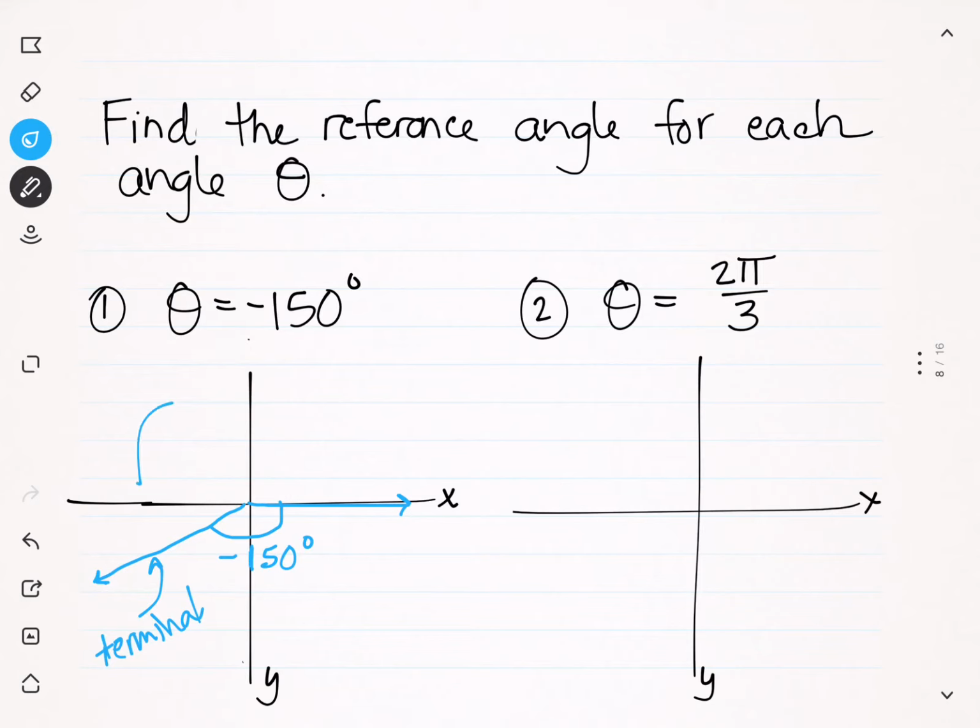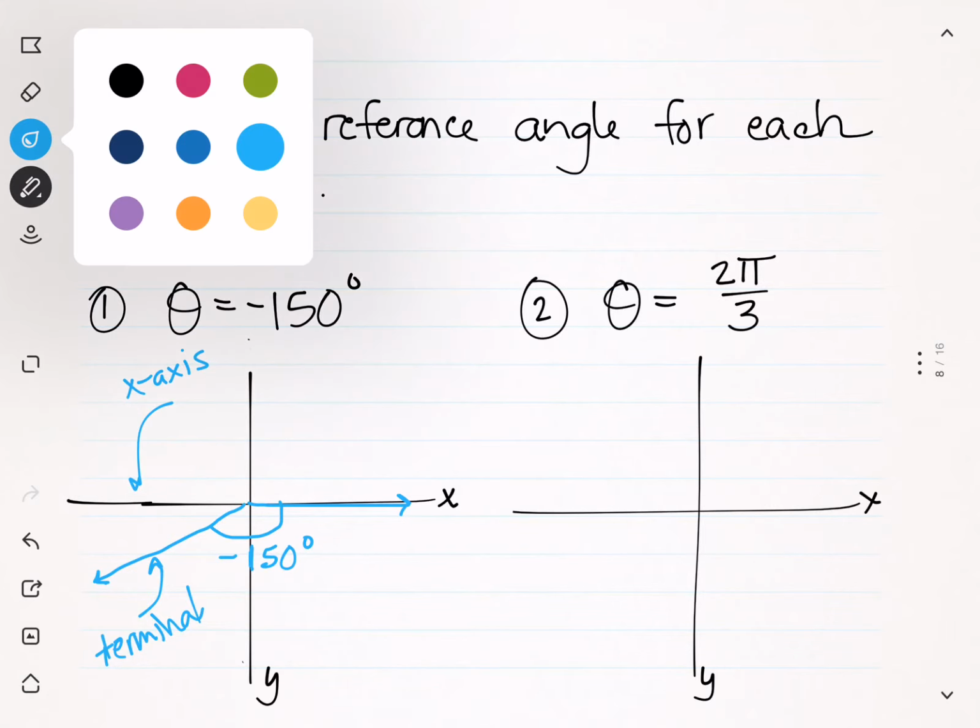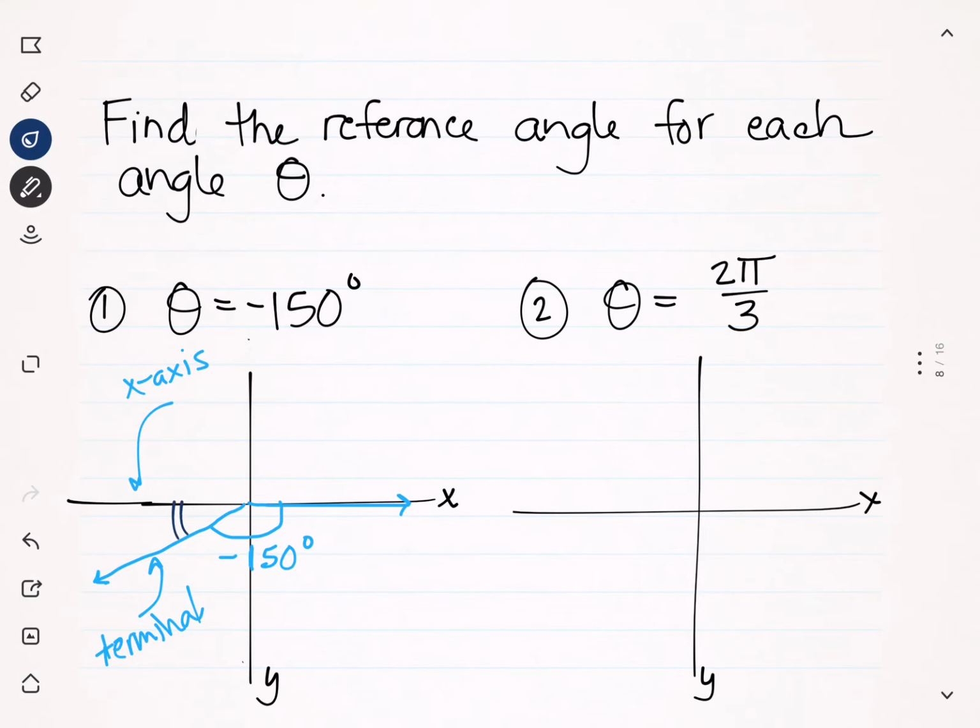So this would be our x-axis. So then we are looking for this angle here. How many degrees would that angle be? Well, let's see. How many more degrees is it going to take us to get up to that x-axis if we're at negative 150? Well, 180 minus 150 gives us 30 degrees. So that angle is 30 degrees, and that's going to be our reference angle.